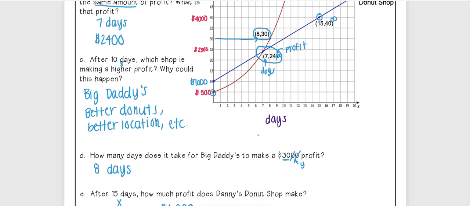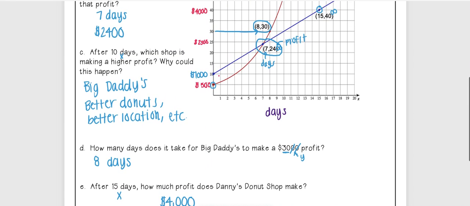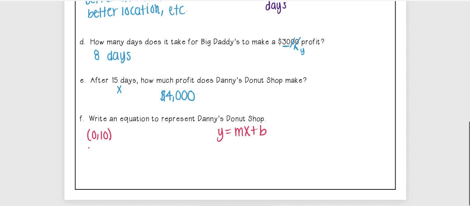So I'm going to go ahead and just choose 2 points. I want to use my y-intercept 10 because that one's going to be easier. And so my y-intercept, I write that as a 0, 10. And then another point I see is this 7, 24. First coordinate is my x, second coordinate is my y.